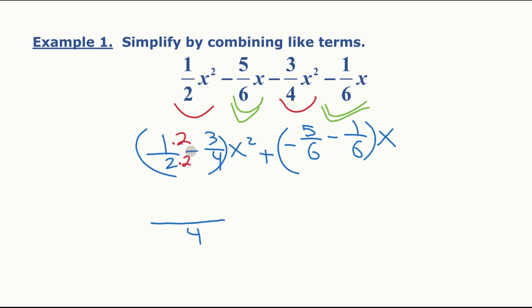So we end up with 2 minus 3, which is -1/4 x squared, and these two, of course, -5 minus 1 will give us -6/6, which is -1, times x, so we'll just say minus x, minus 1x, which we can just usually leave as x. And that's how you would simplify an expression like that one.